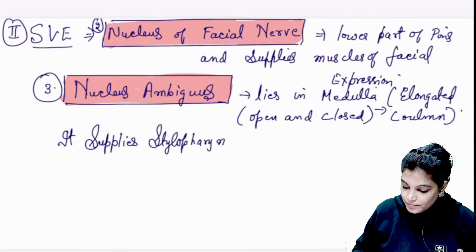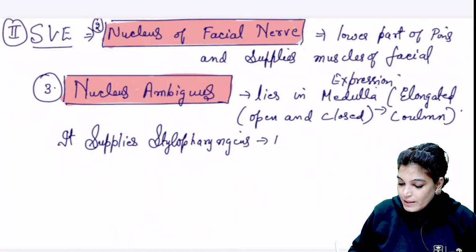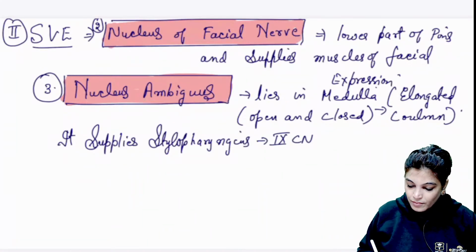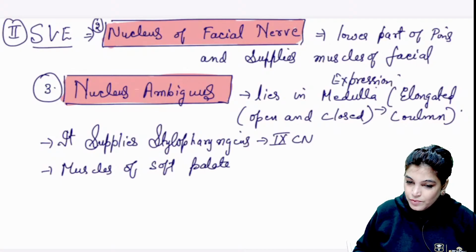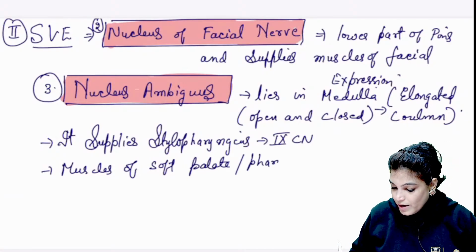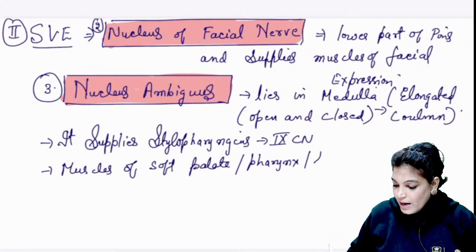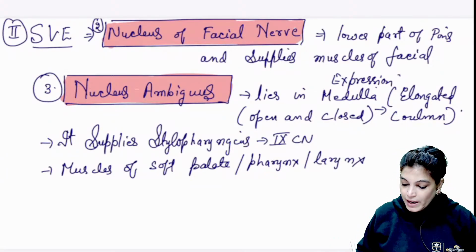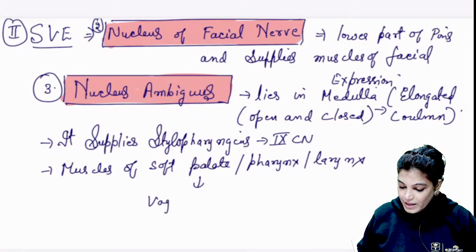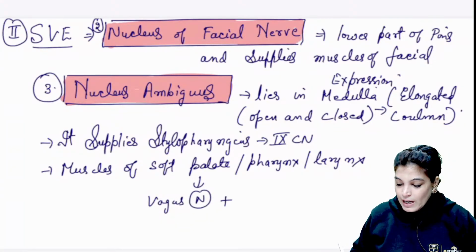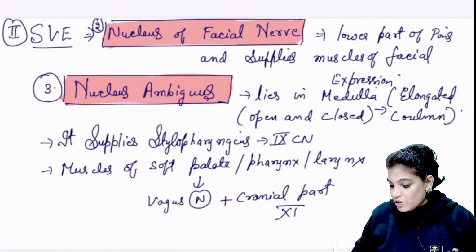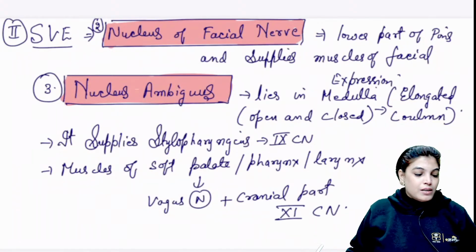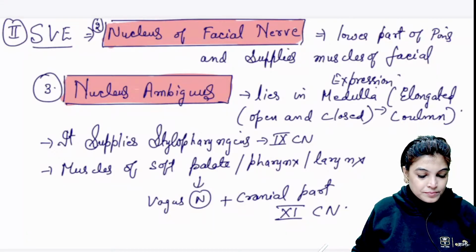These muscles are supplied by the vagus nerve, the 10th cranial nerve, along with the cranial part of the accessory nerve, which is the 11th cranial nerve. So yes, we have done.